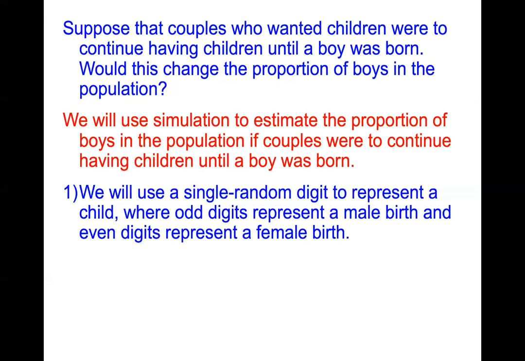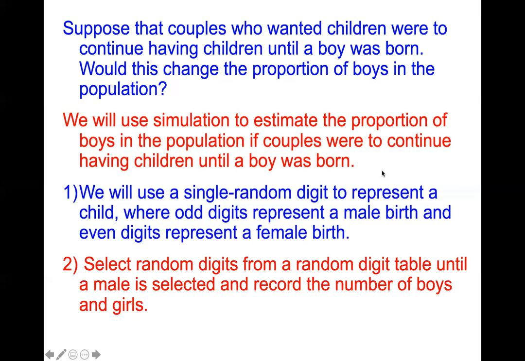And that works because every baby born has a 50-50 chance of being a boy or a girl. And in the same way, every single digit being picked has a 50-50 chance of being even or odd. All right, so that's why it simulates the situation.